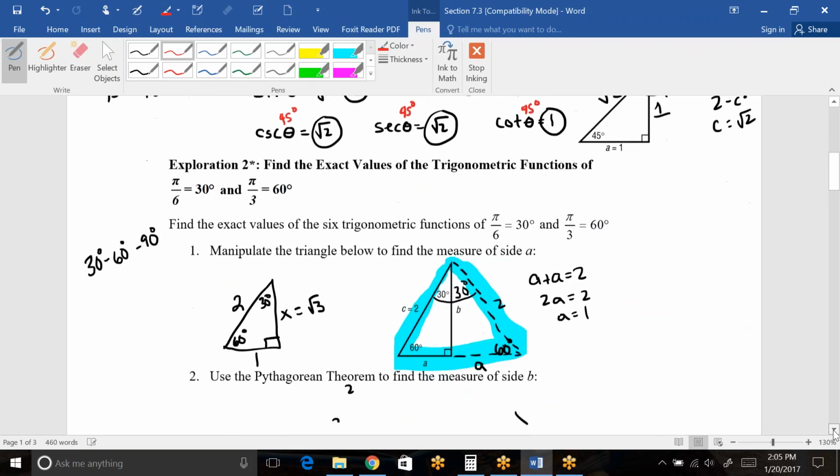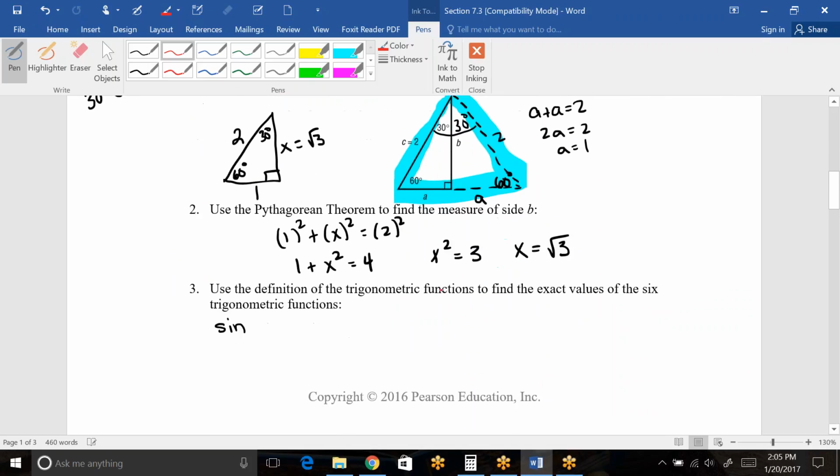So for this case, we're going to do it once where we find the 6 trig ratios for the 30-degree angle, and then we'll do the 60-degree angle. But remember, there's complements there, so if we use that property, there should be some similarities. So we're going to do sine of 30 degrees, cosine of 30 degrees, and tangent of 30 degrees. And I know you guys can flip to get cosecant, secant, and cotangent, so I'm not going to write those.